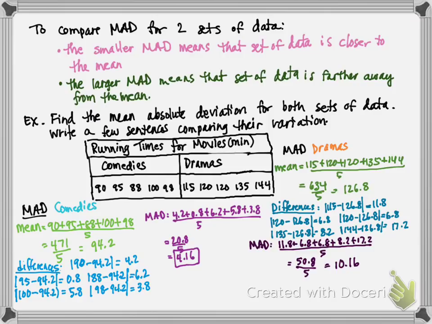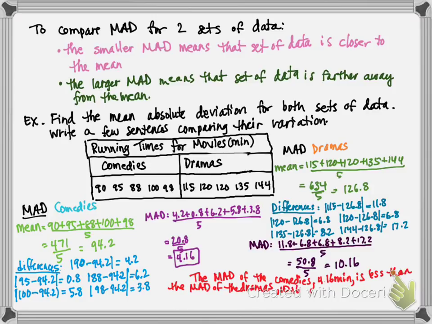We can say the mean absolute deviation of the comedies, 4.16, and this would be minutes, is less than the mean absolute deviation of the dramas, the 10.16 minutes.